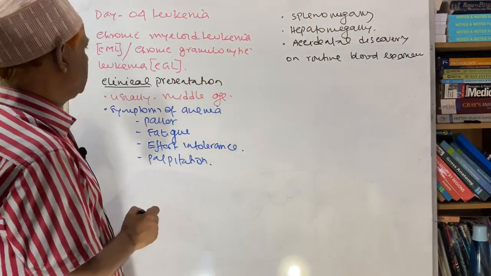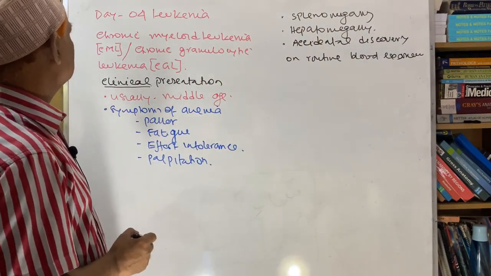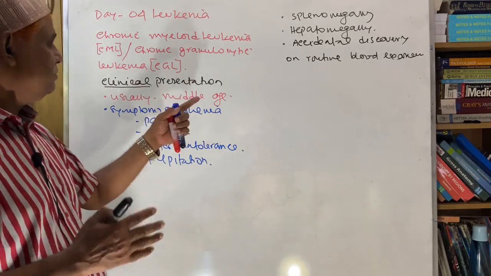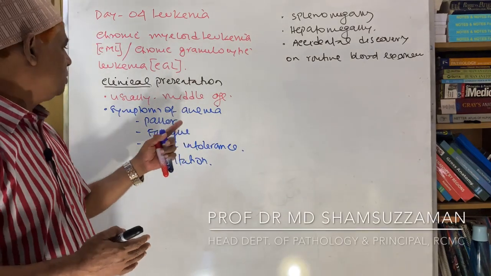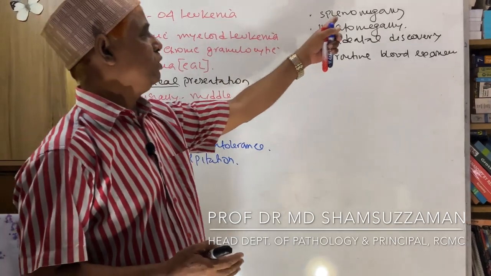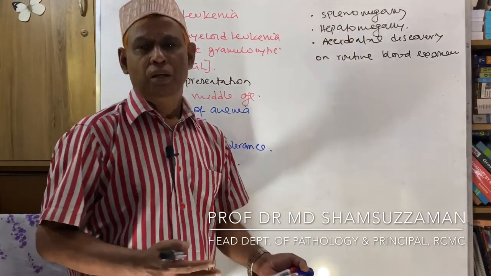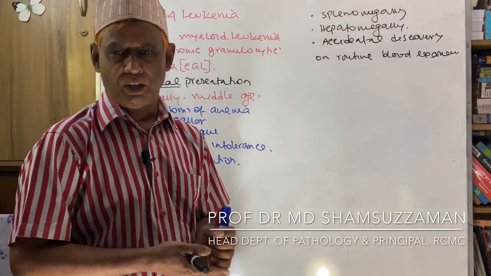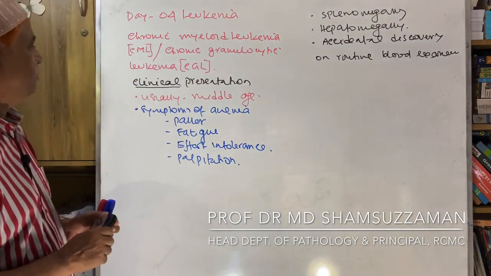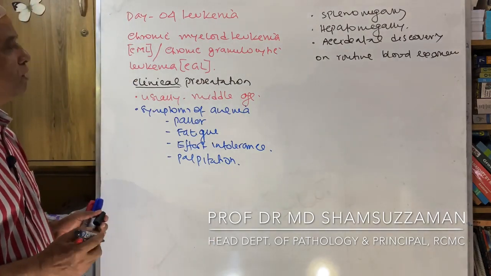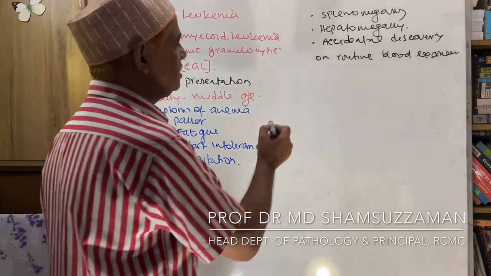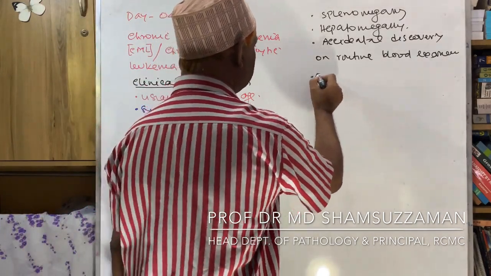So these are the clinical presentations of chronic myeloid leukemia. So if anybody of middle age or elderly age has symptoms of anemia, splenomegaly, hepatomegaly, we may suspect it could be a case of chronic myeloid leukemia. Besides this, the patient may suffer from frequent fever also.